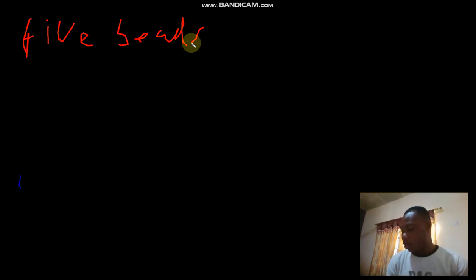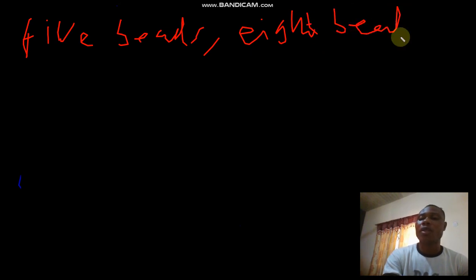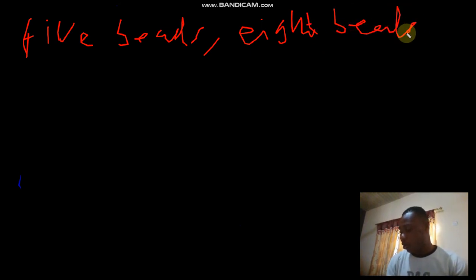The first example I would like us to look at: in how many ways can 5 beads chosen from 8 different beads be arranged on a ring?